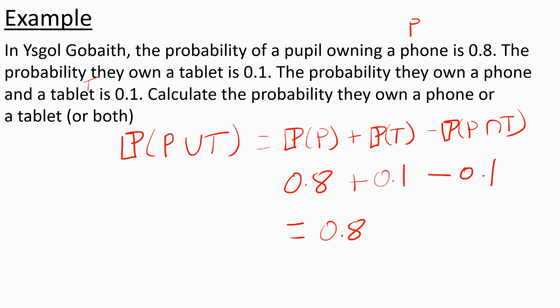So the chance that they own a phone or a tablet is identical to the chance that they own just a phone, because in fact if we drew this out as a Venn diagram it would actually look like this.